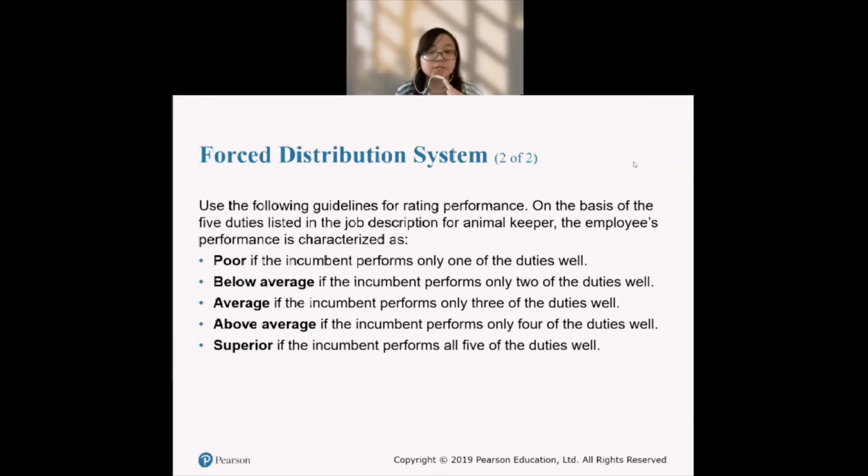In addition, the forced nature of this system compels managers to penalize and place some employees in an undeservedly lower rating category. Another reason employees are opposed to forced ranking is that they suspect the rankings are a way for companies to rationalize firing more easily.